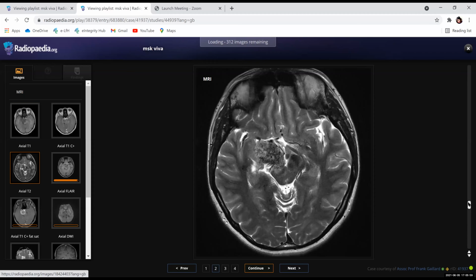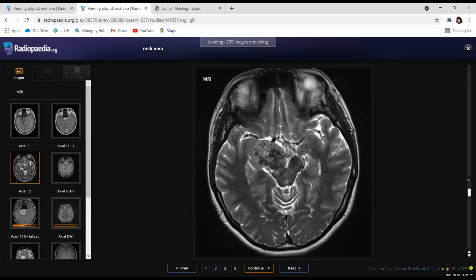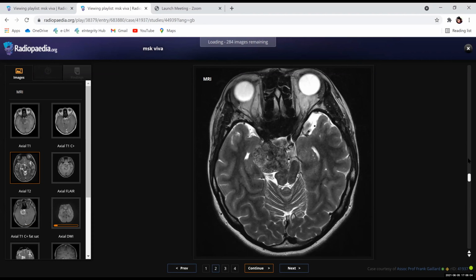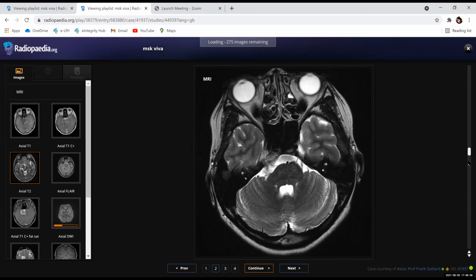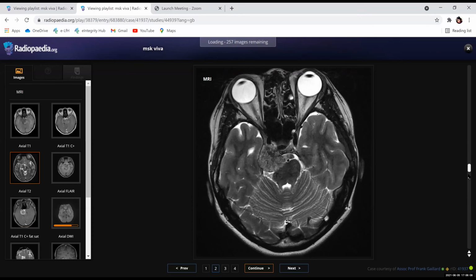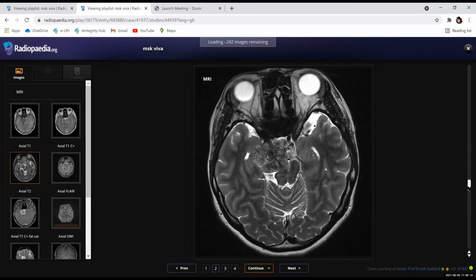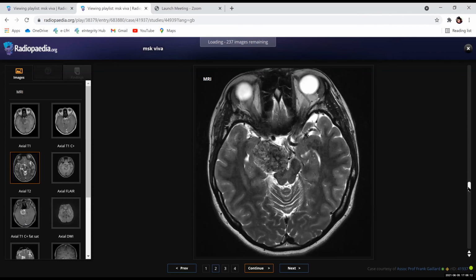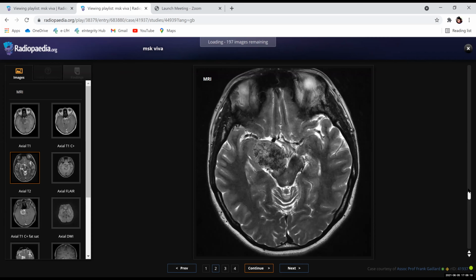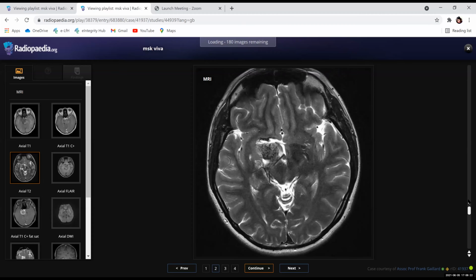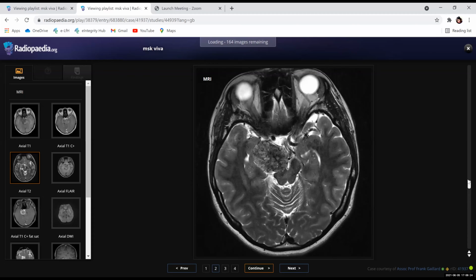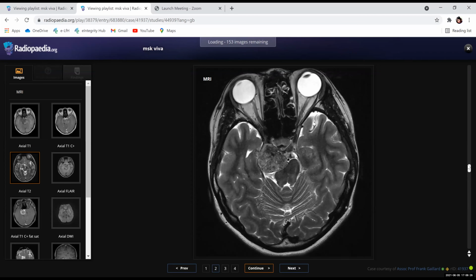In the T2 weighted, again it has a heterogeneous appearance with multiple areas of hyperintensity. It is in an extra-axial location between the medial part of the temporal lobe and anterior to the midbrain, causing compression of the midbrain and pons.